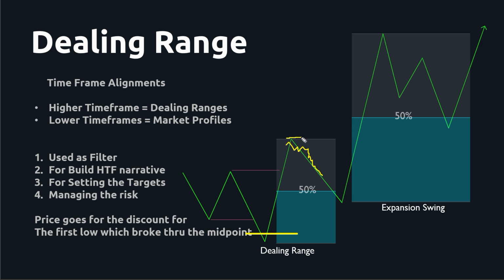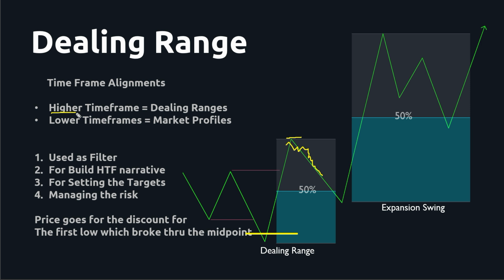Then you can draw the dealing range, and then you're looking for the trade below a 50%, but exactly where? This is important, and I will show you then in the charts, because this is a powerful thing, how you can find the exact level, right? This is something which I refined and defined by myself, and you will see how it works.